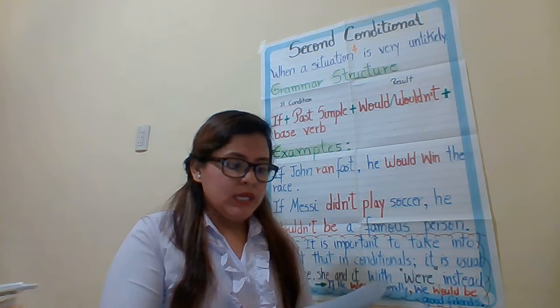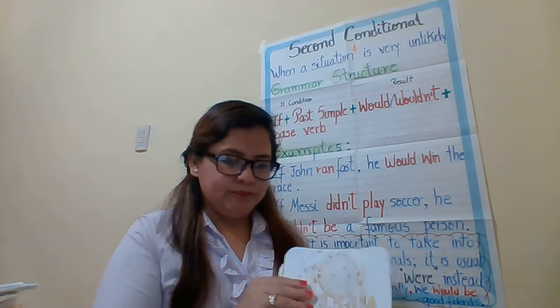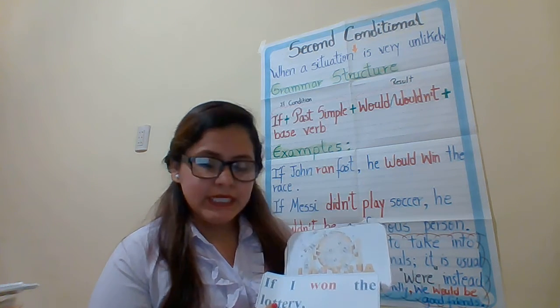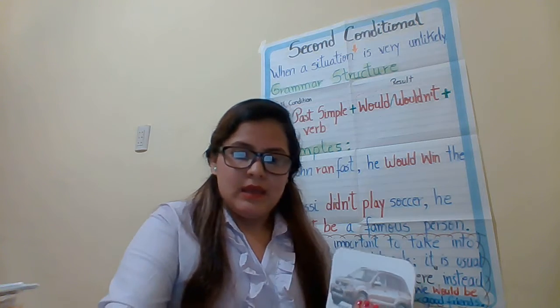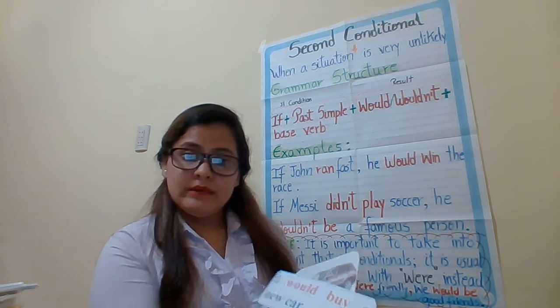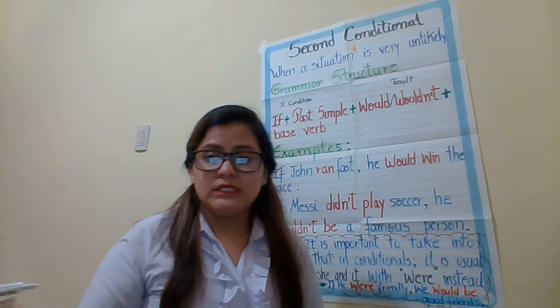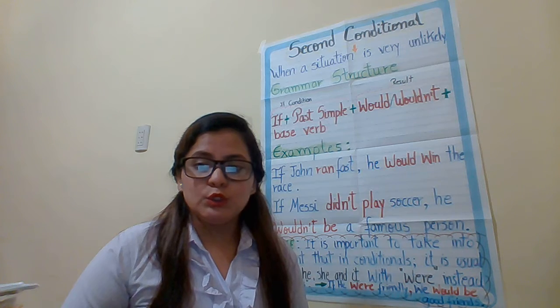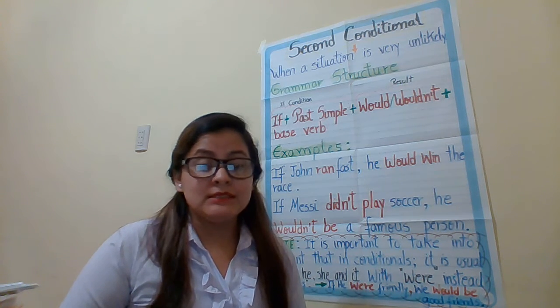For example, this: if I won the lottery, I would buy a new car. This is an example in this part. Explain step by step how to apply it in the class.